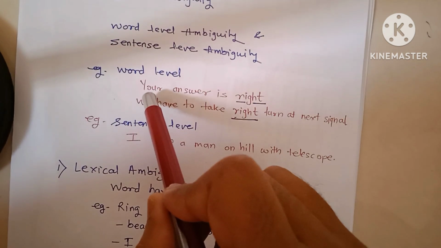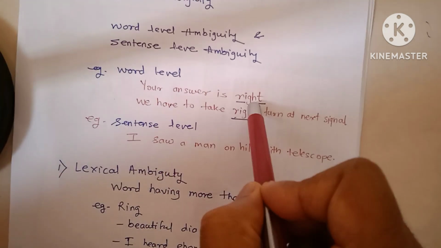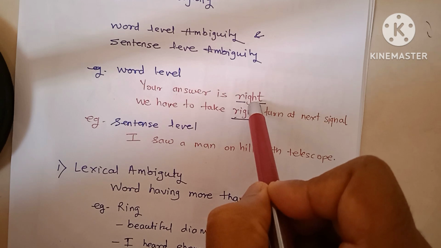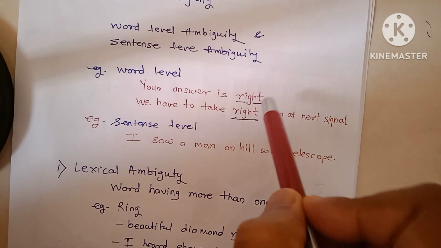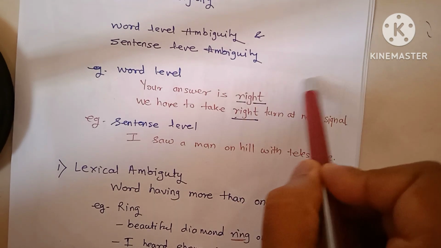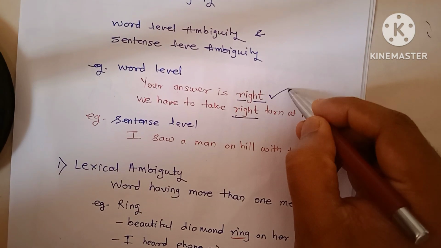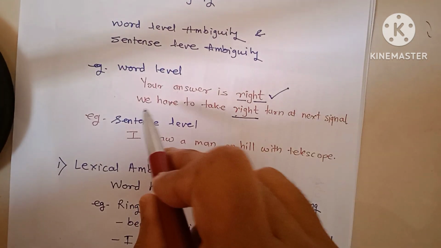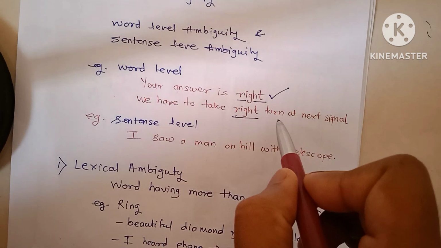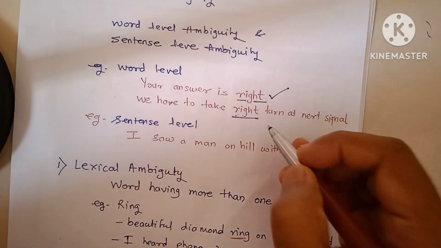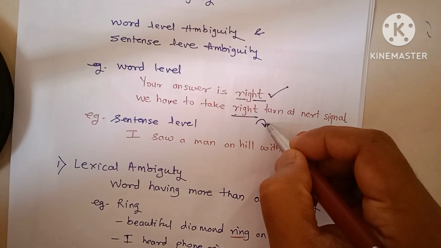In the first sentence, your answer is right means your answer is correct. You get full marks because your answer is right. Right means correct, so the meaning of this particular right is correct. And we have to take a right turn at the next signal means we have to turn right like this.